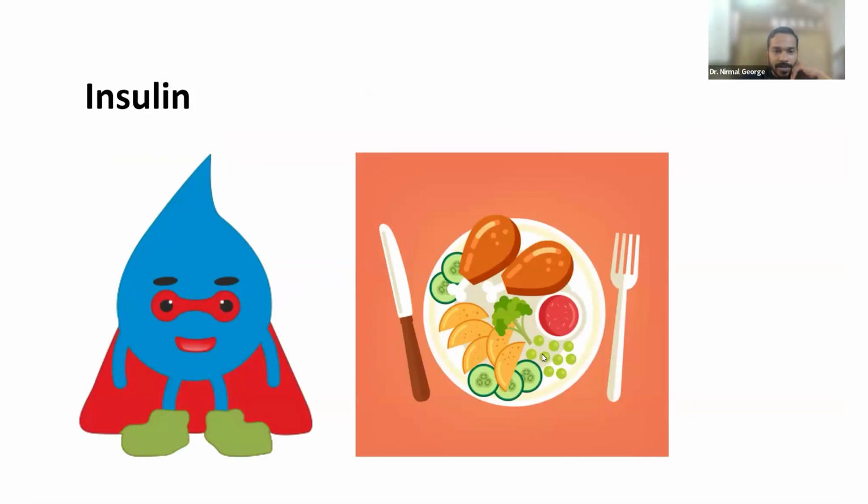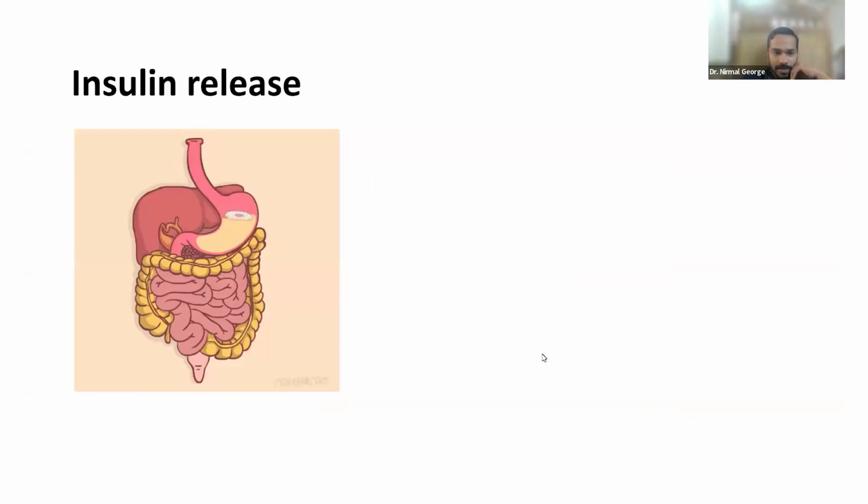But the most important stimulus for insulin secretion is the glucose that is present in the food. The second most important stimulus is the hormones released from the gastrointestinal tract. These hormones are called incretins, and they include glucagon-like peptide 1 and gastric inhibitory polypeptide. These are released from the GIT, and they will also stimulate insulin.